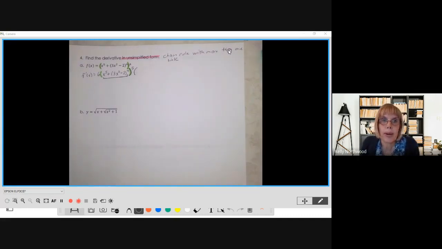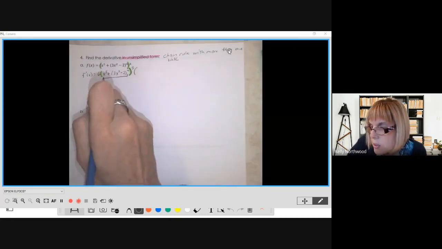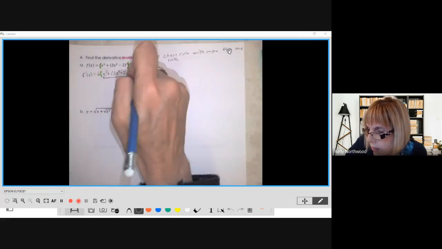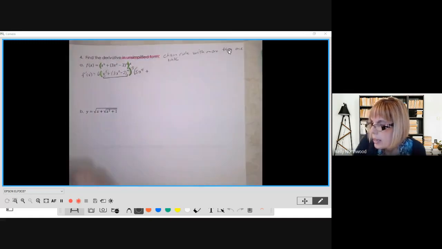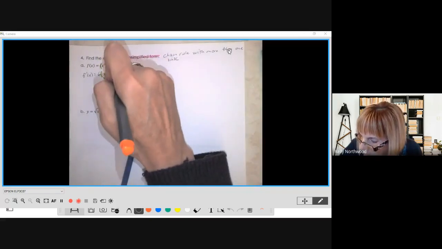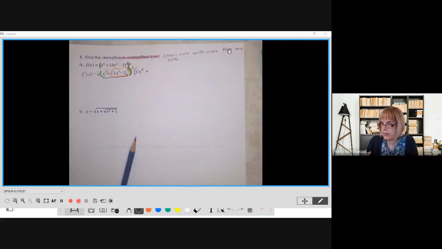The issue is that finding the derivative of what's inside is going to involve the chain rule. This part's not. The derivative of this is 5x to the 4th. That's not bad. Plus, when we're finding the derivative of this piece inside the bracket, that involves the chain rule.